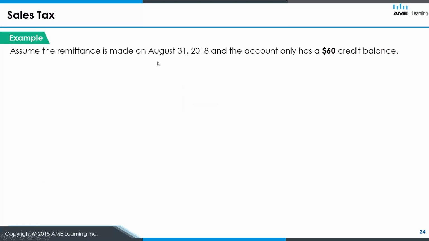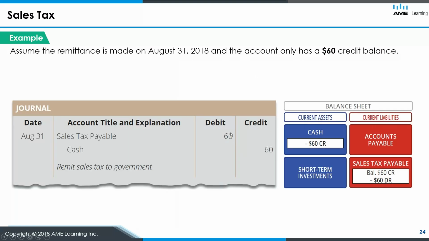Now, if we assume the remittance is made on August 31st, the account has a $60 credit balance. This is just showing the second part of that entry to actually when we do remit or send those sales taxes to the government. We're just going to make cash go down. Again, this is cash that the customer gave us that was really owed to the government, but we held on to that cash for them and did this remittance.